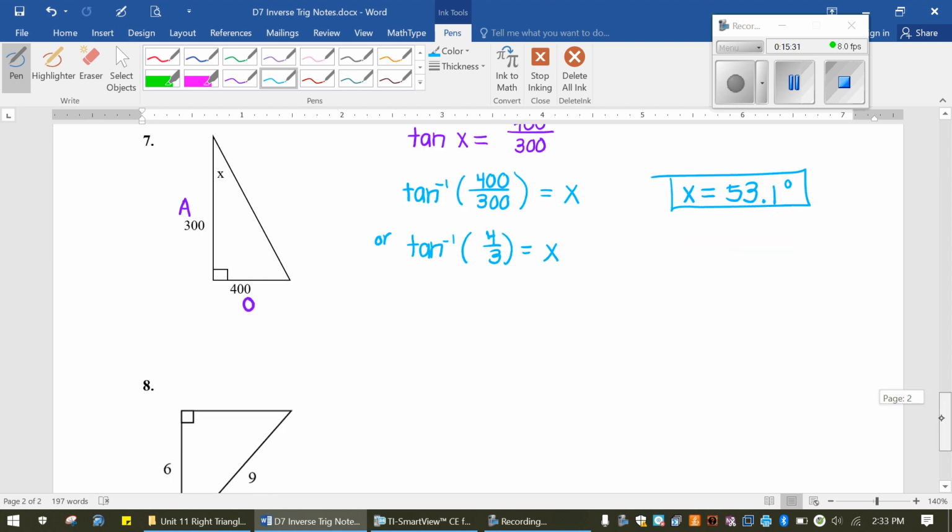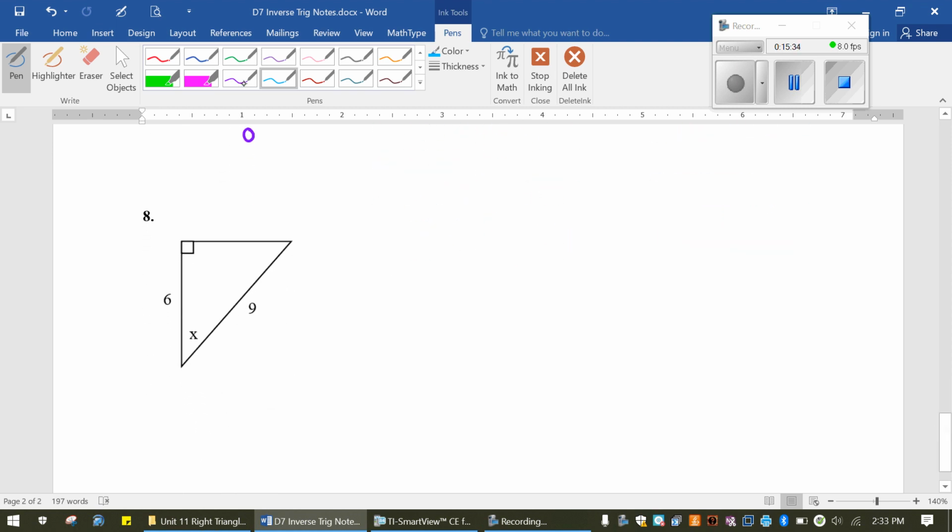All right, last one, number 8. From this angle, 6 is the adjacent side and 9 is the hypotenuse. So A and H are cosine. So cosine of x is adjacent over hypotenuse. In order to separate x from the cosine, we're doing an inverse. If you want to reduce that before you enter it, go ahead.